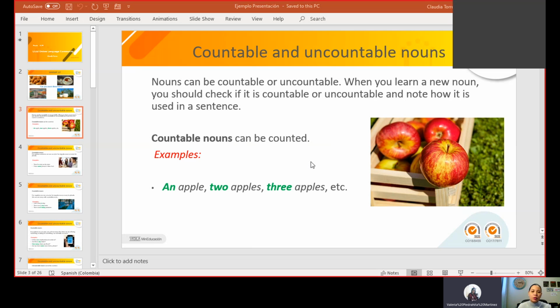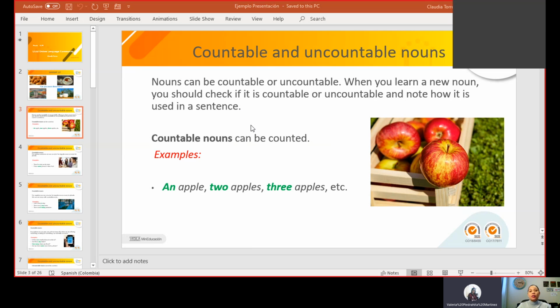You can say an apple, two apples, three apples, and so on. That's why countable nouns have singular and plural forms. The singular form here is an apple, but the plural form is apples, with an S at the end.